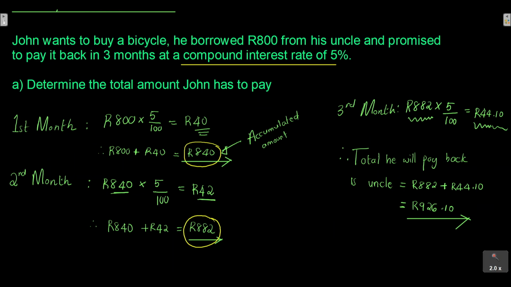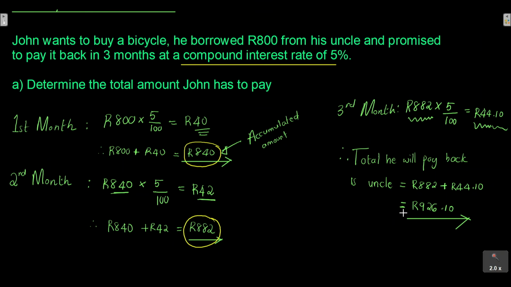So in all the next calculations, we've already included the previous amount. So we don't have to add these amounts again, like we did with the simple interest calculation. Therefore he will just pay back his uncle 926 rand and 10 cents.